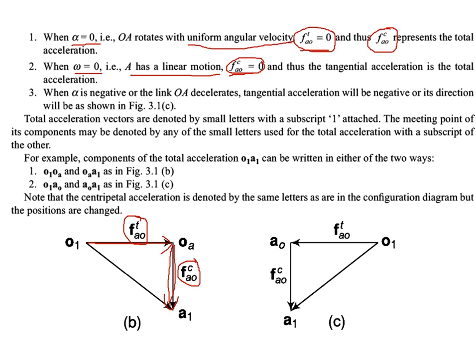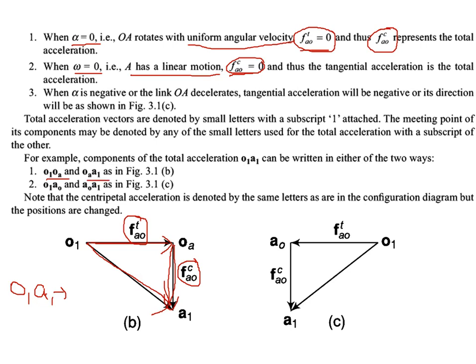When you get this, the resultant can be drawn using a straight line, and then you will get one vector O1 to A1. So to get O1 to A1, you take from O1 to OA and OA to A1.